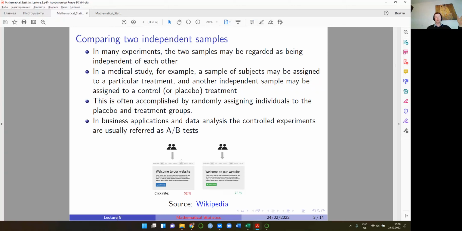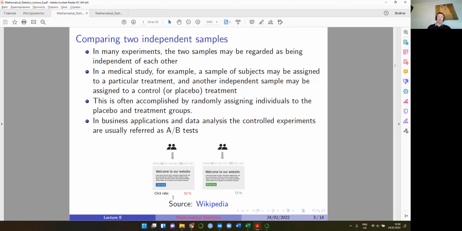So look, we have two different designs for the internet site here and here. One button is the blue one and the other button is the green one. We are not sure which button will attract more consumers, which will have the higher click rate. What can we do?